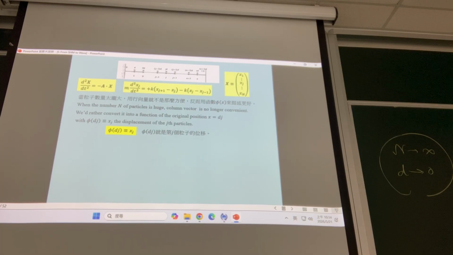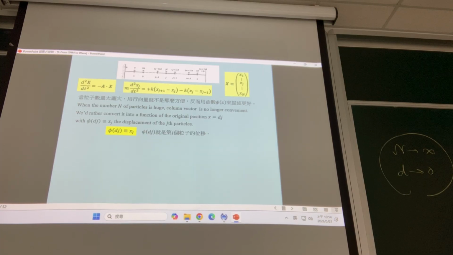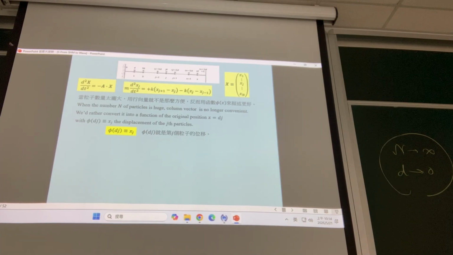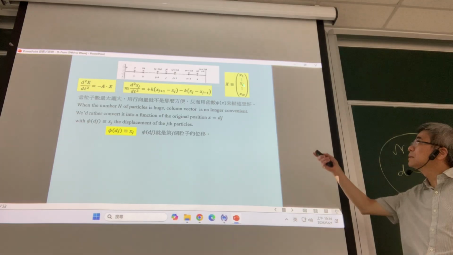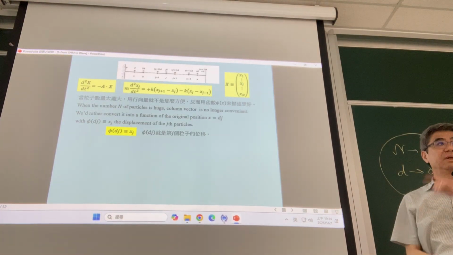So you have to separate the original position and the displacement. Or if you put the two together, it is the position of the particle at the moment. Okay? So in this way, I transform a column vector into a function. That's the key message.